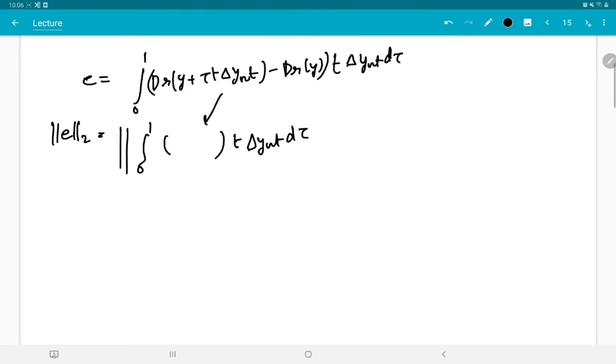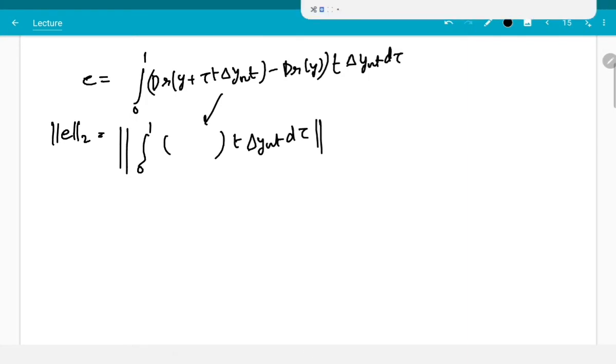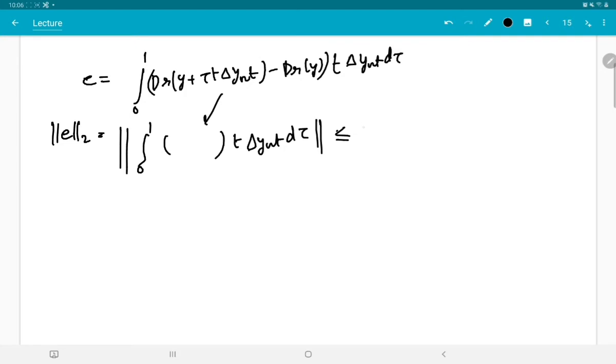This is the bracket thing. Now t delta y and t can be taken out by Cauchy-Schwarz. So this is less than or equal to t delta y and t times the norm of the integral d tau.